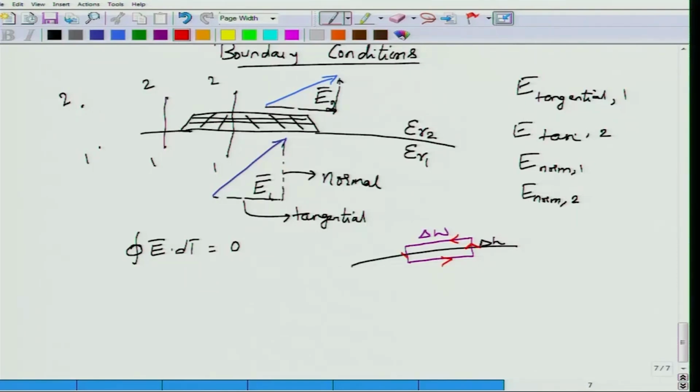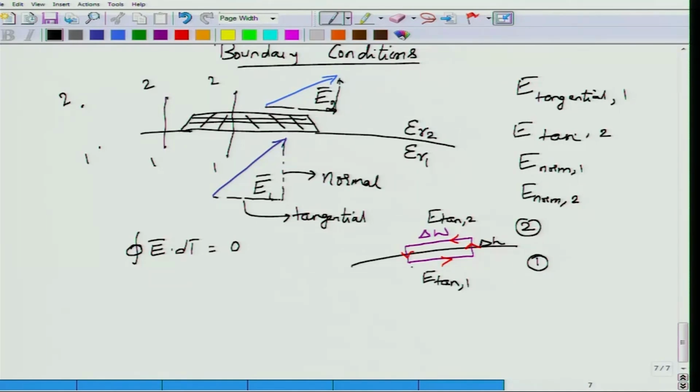Now inside the material with dielectric 1, and the second medium being dielectric 2, the tangential electric field along this path will be E tan 1, and outside here will be E tan 2. Along delta h there will be half of E normal 1 and half of E normal 2, so E normal 1 and E normal 2 will be multiplied by respective delta h by 2.